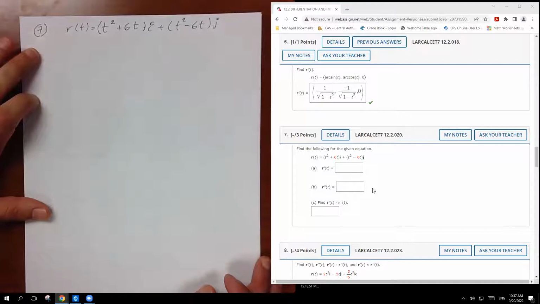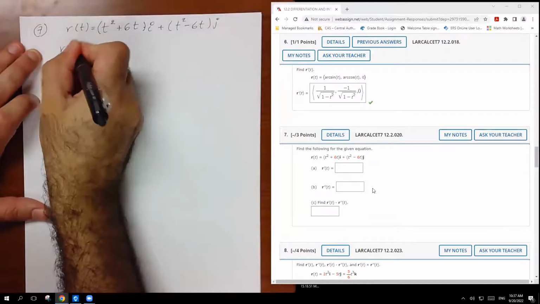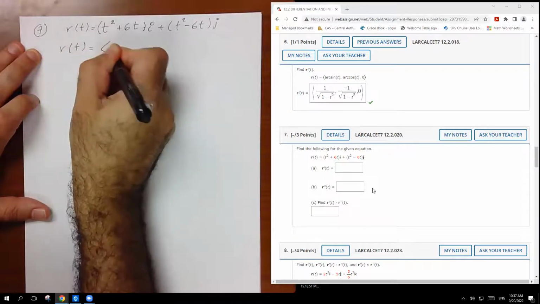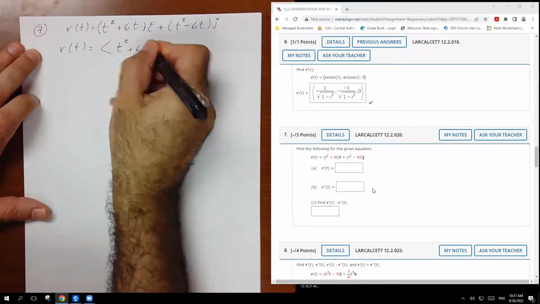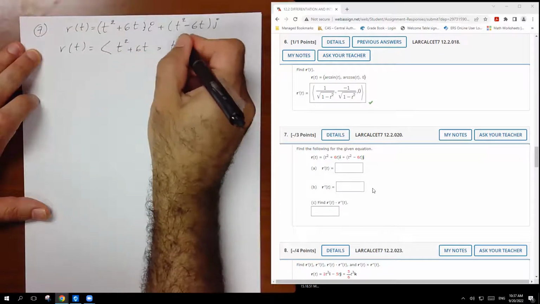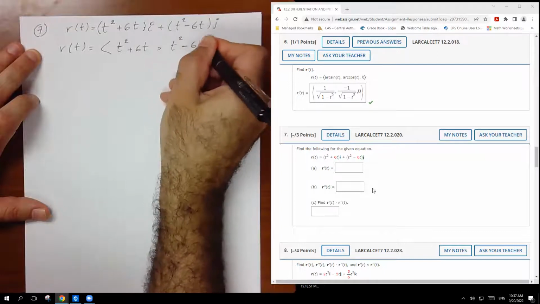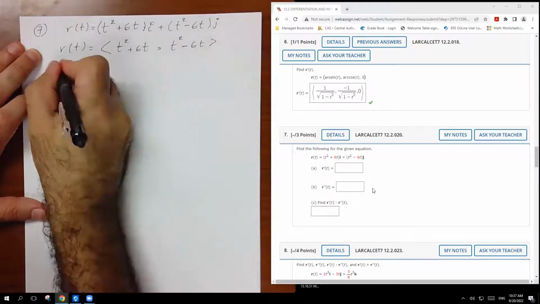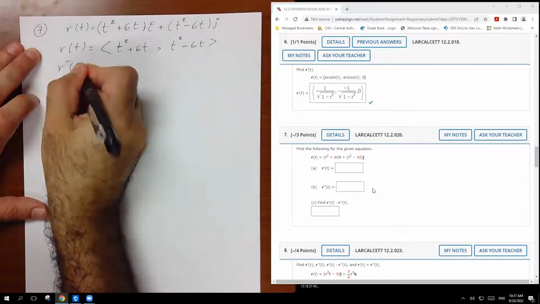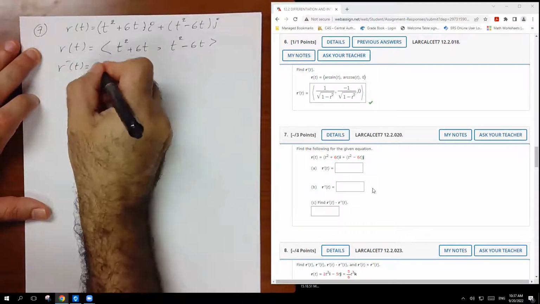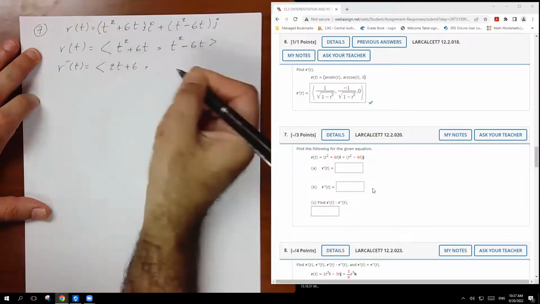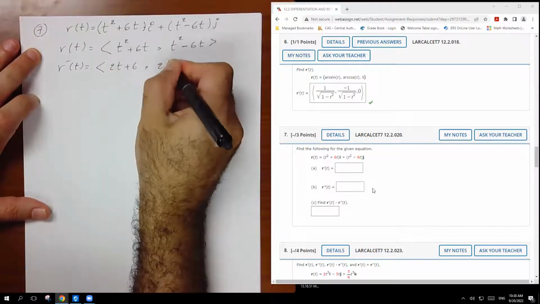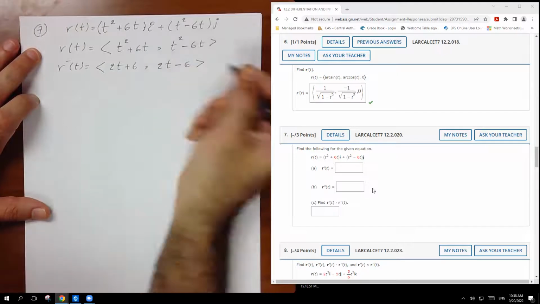Before I work on this example, let's convert it to the component form. I'm going to say t squared plus 6t and t squared minus 6t. Then r prime of t is going to be 2t plus 6, and here is going to be 2t minus 6.